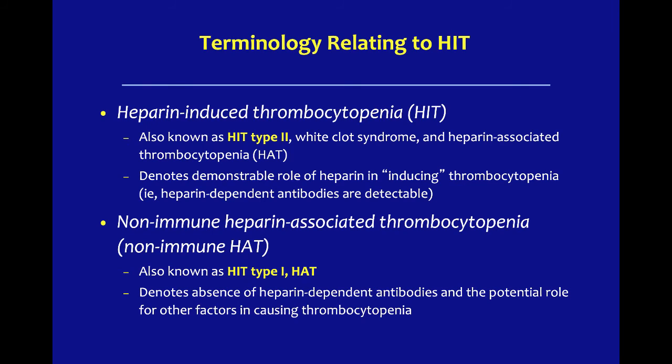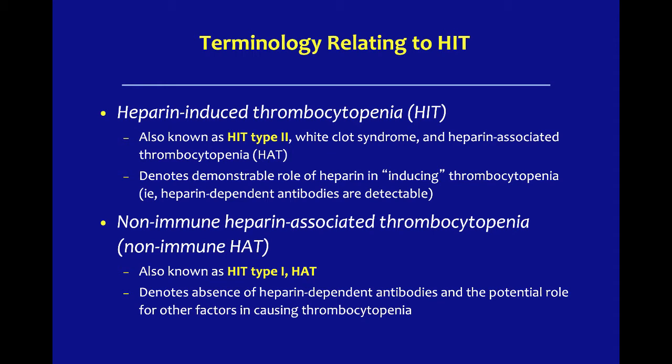Some terminology: there are two types of HIT. The one we are most interested in is HIT type 2, and that is the immune response and the reaction that we're going to talk about, the pathophysiology of HIT type 2. There's a non-immune heparin-associated thrombocytopenia.